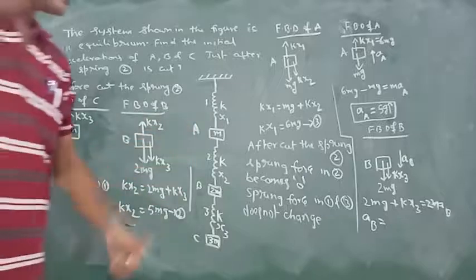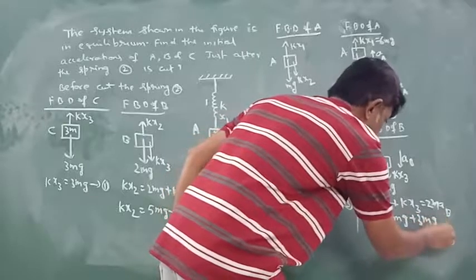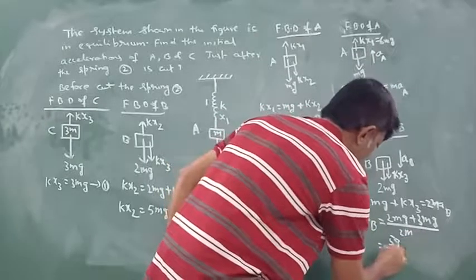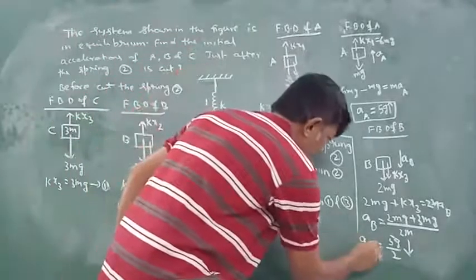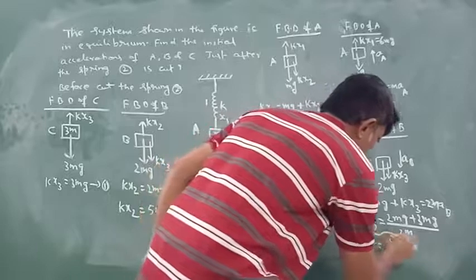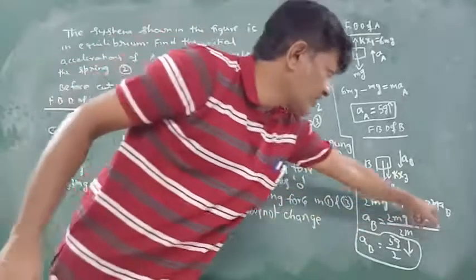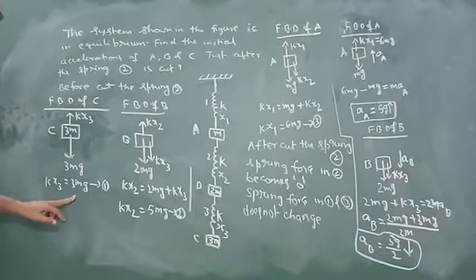It is 3mg. So 2mg plus 3mg divided by 2m is equal to 5g by 2 in the downward direction. This is the acceleration of B.